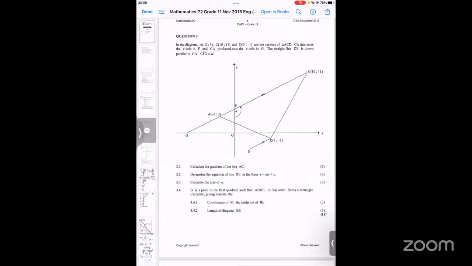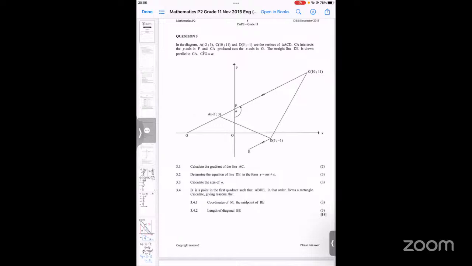Yes, it does make sense. You can also see that with those double black arrows there. Okay, in triangle CFO, angle F is called alpha.